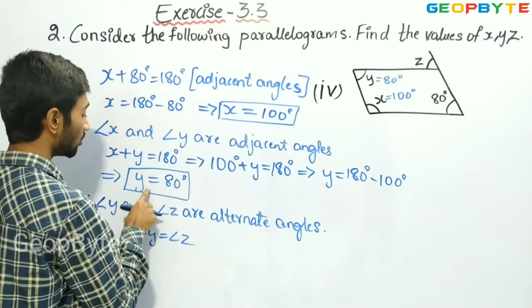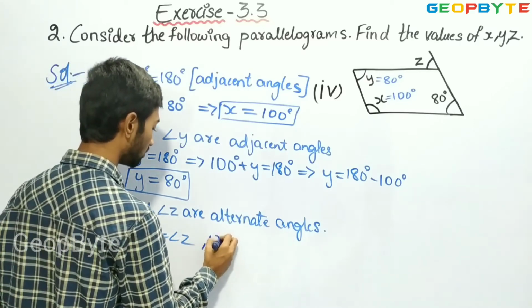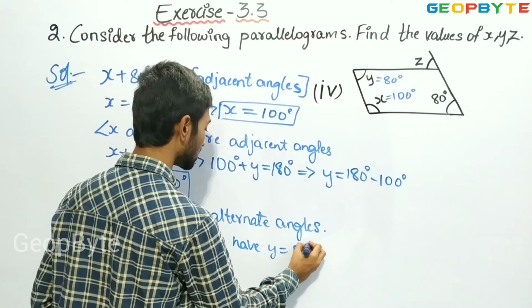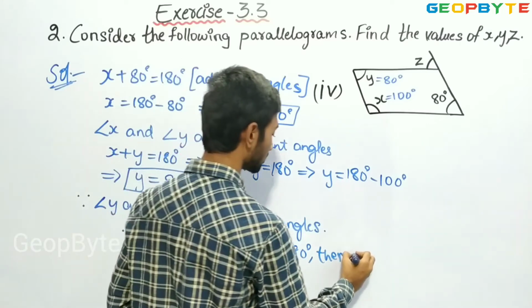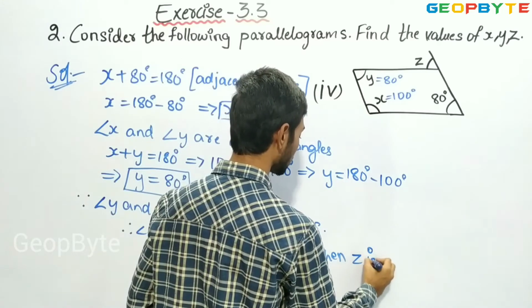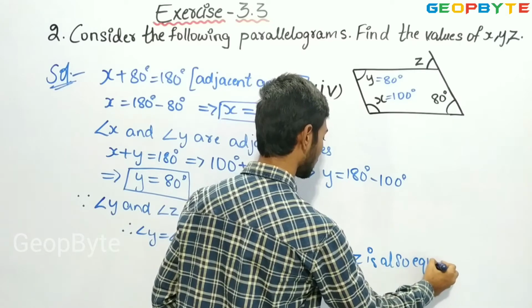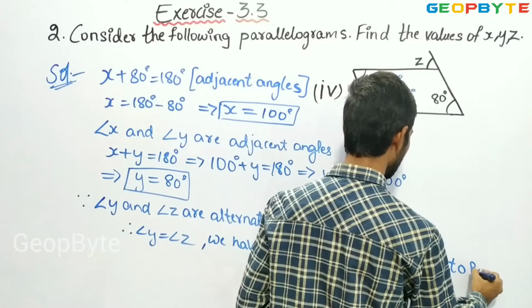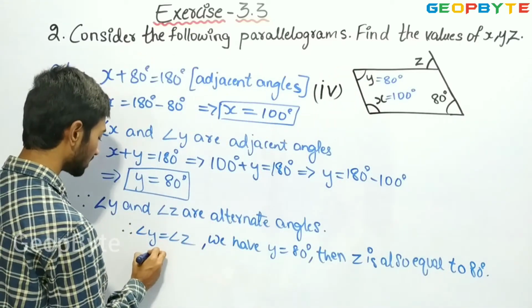So we have y equal to 80 degrees. Then z is also equal to 80 degrees, because alternate angles are always equal.